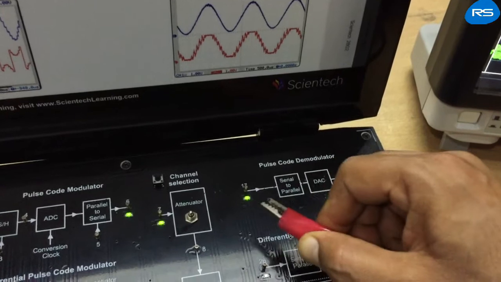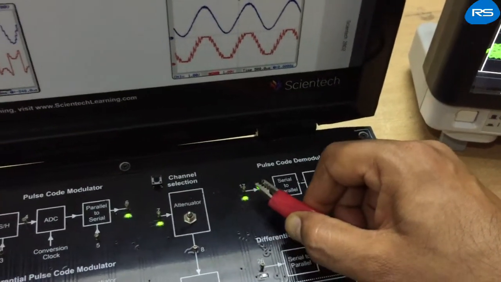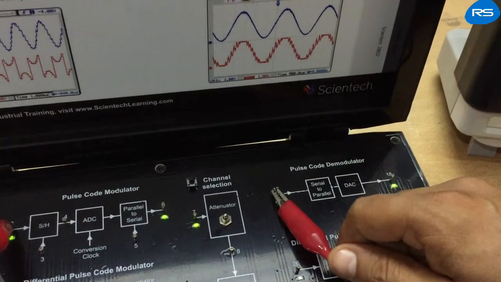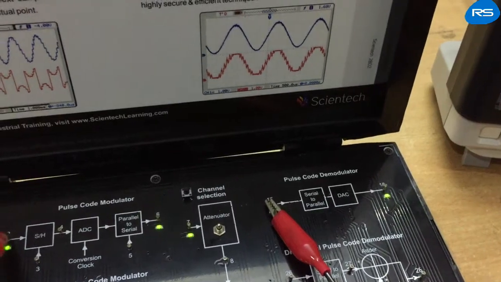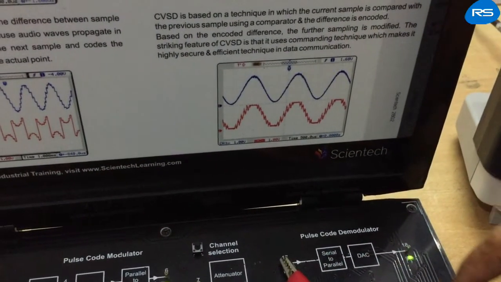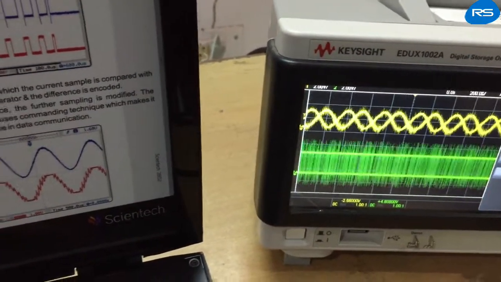Now this amplified signal is fed to the serial to parallel converter and passed through a digital to analog converter, and ultimately we get the output. So let us observe the signal at point number 17, that is the amplified signal obtained from the channel.